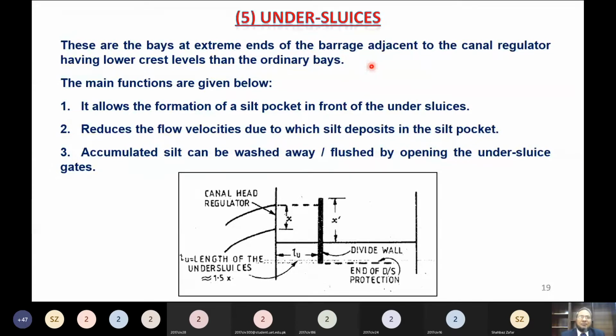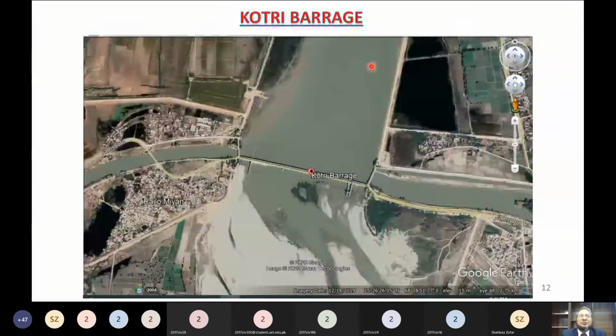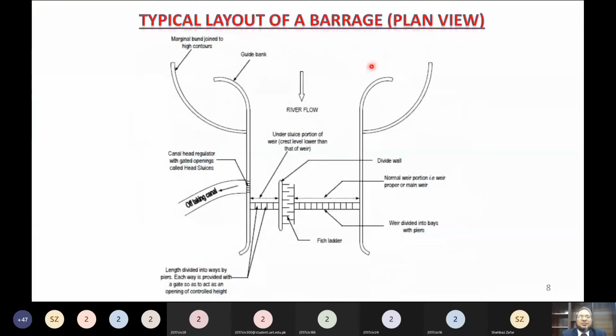If you see this figure, these are the under sluice bays, and these are provided in between the divide wall and the head regulator of the main canal. So their crest level is kept lower as compared to the crest level of the normal bays.